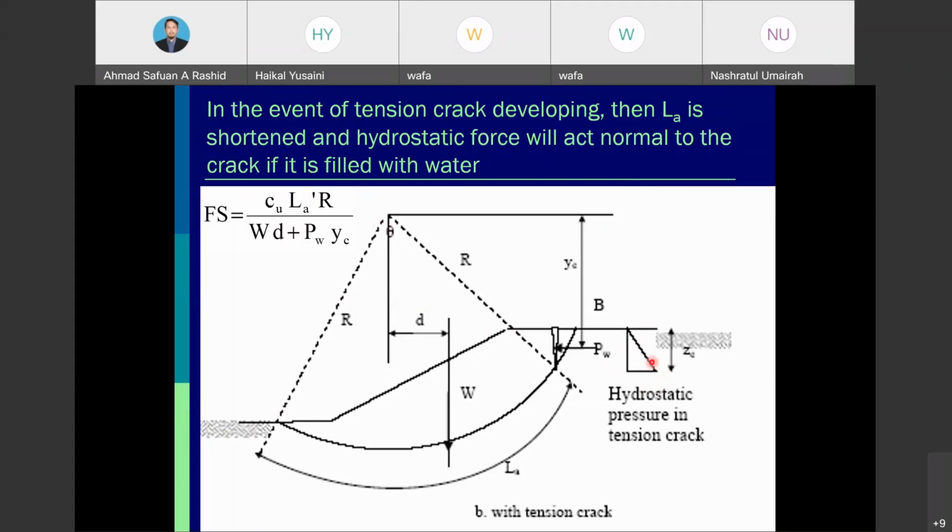If the tension crack has been filled half with water, we need to determine the new PW and the new YC.